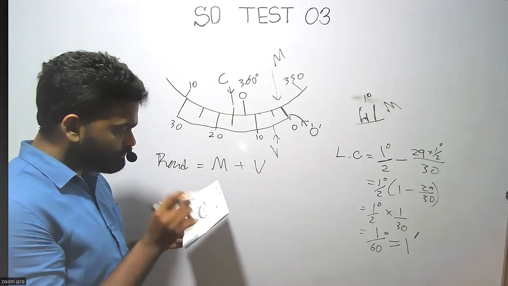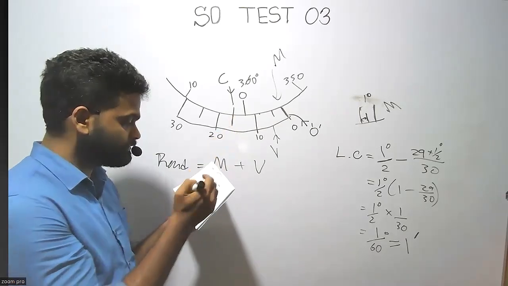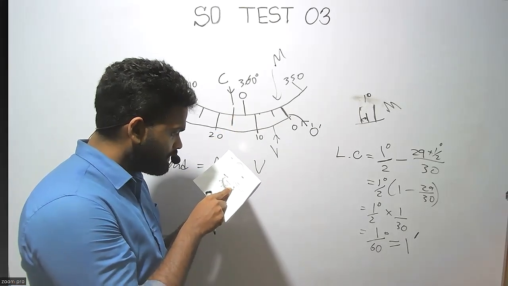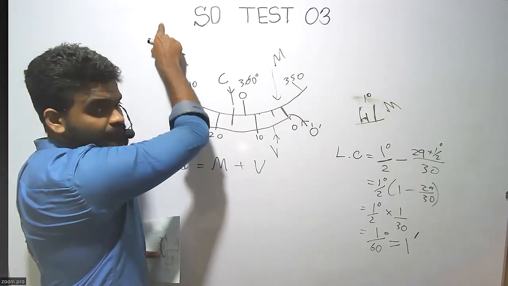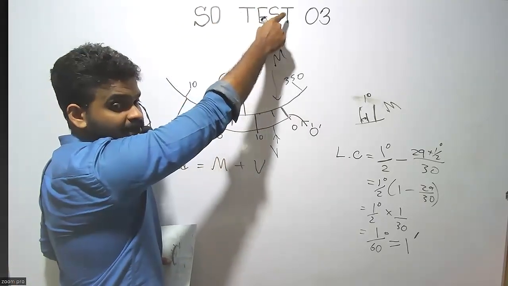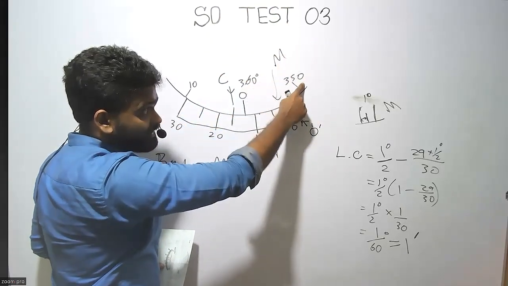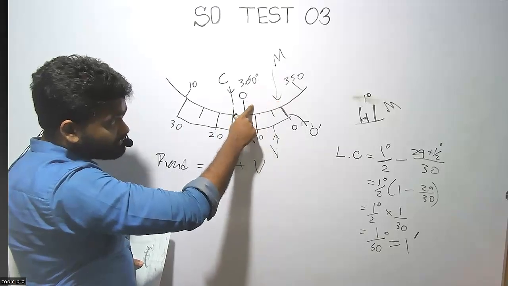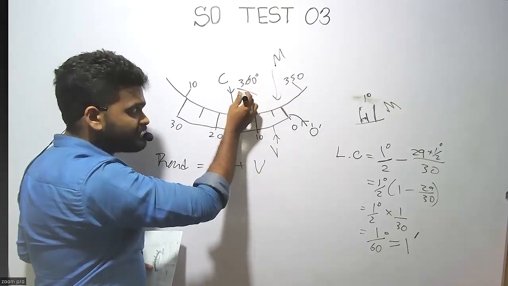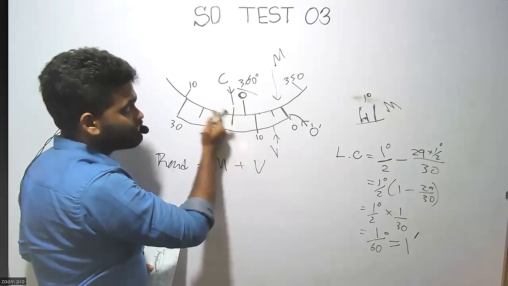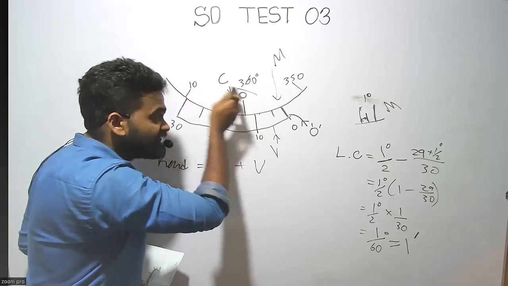Right. So from that 0, which value can be taken from the main scale? If you think about that, this goes from 0 to 10, 20, likewise 100, 90, 180, then 270, 350, likewise up to 360. So 360 also is at the 0 degree mark, right? So this 0, when you complete one round, from here it comes back to 360.